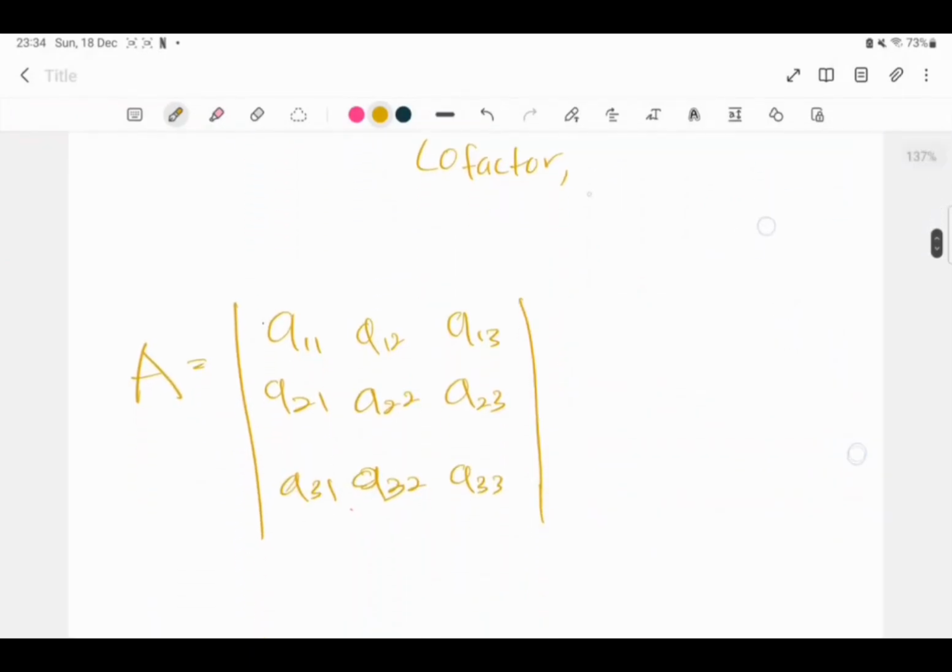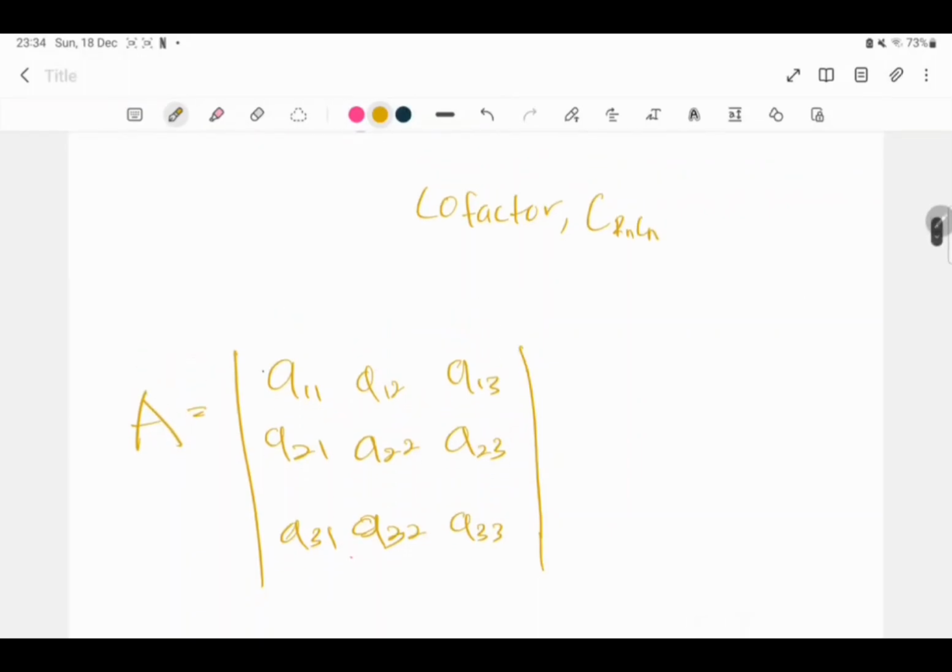Cofactor, we can say C row i and column j, and the formula is C i j equals minus 1 to the power of i plus j, times the minor i j. So this is the formula to find the cofactor.